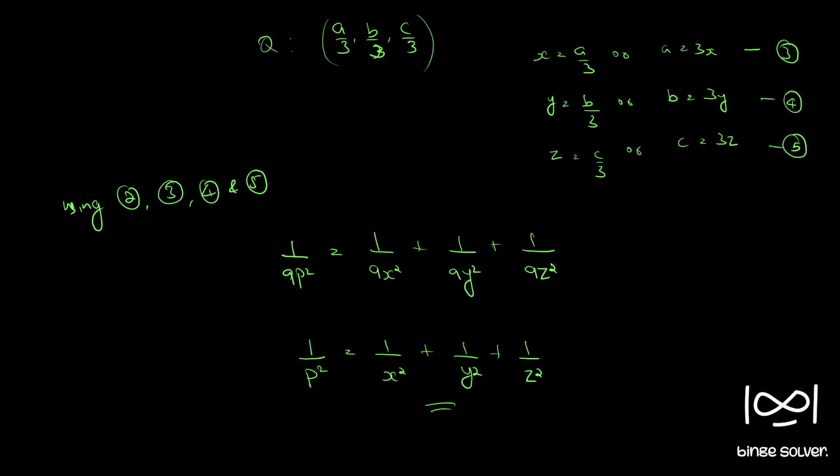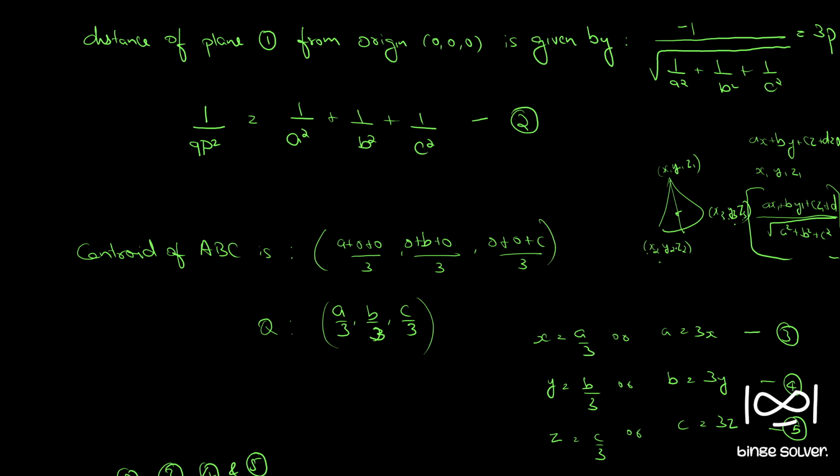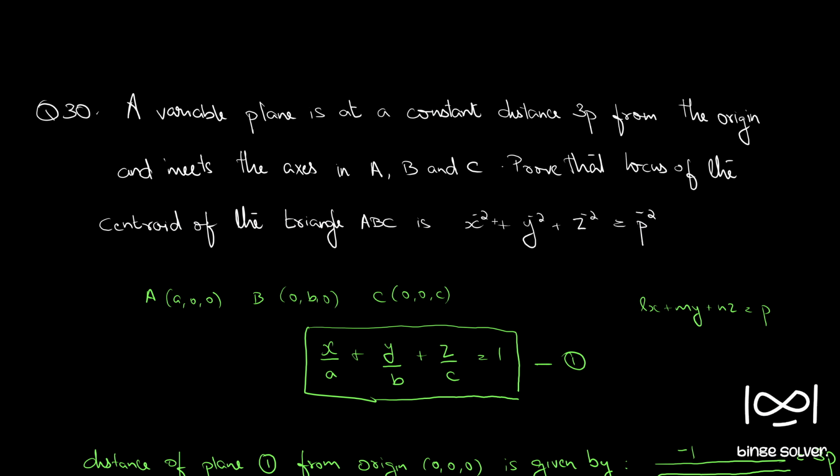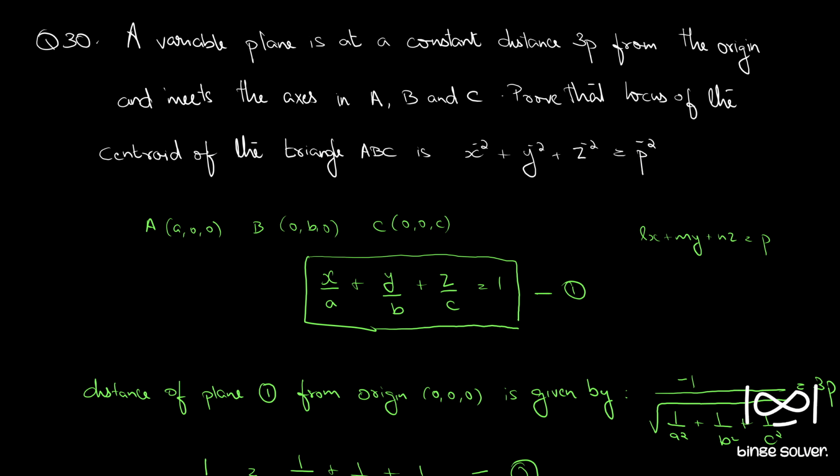So this is the required equation of the locus of point Q, the centroid of the triangle ABC. So that is the solution to question 30.